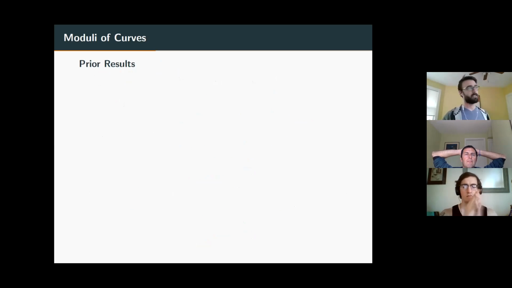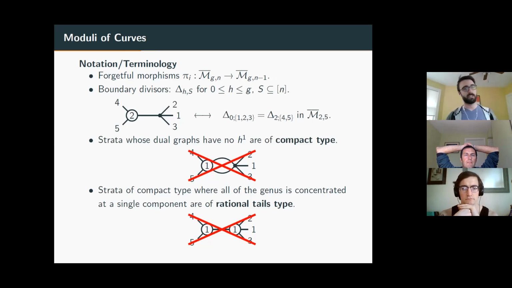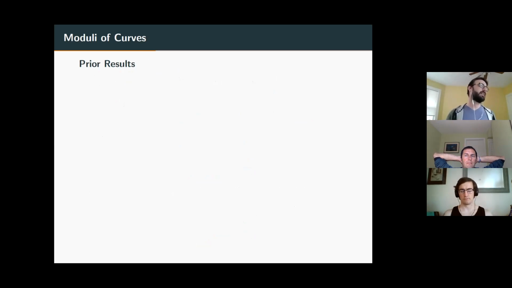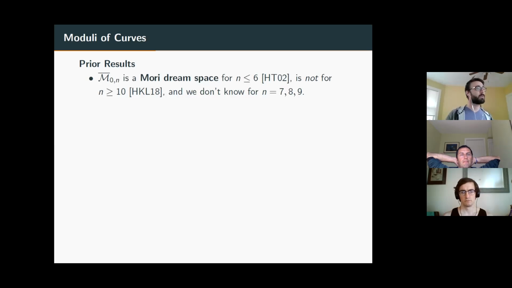Okay, so there's our intro to moduli of curves. And to make sure we're on the same page, what do we know about effective classes, effective cones on the moduli of curves? So here we go. For one, in genus 0, M_0,n bar is what's called a Mori dream space for n smaller than 6.